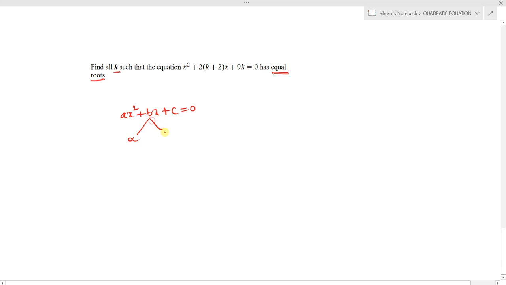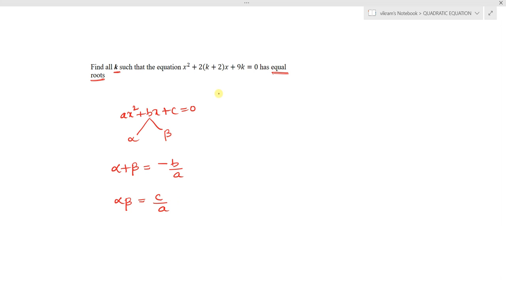Let the two roots be alpha and beta. Then alpha plus beta equals minus b by a, and alpha beta equals c by a. The sum of the roots is minus b by a, the product of the roots is c by a.